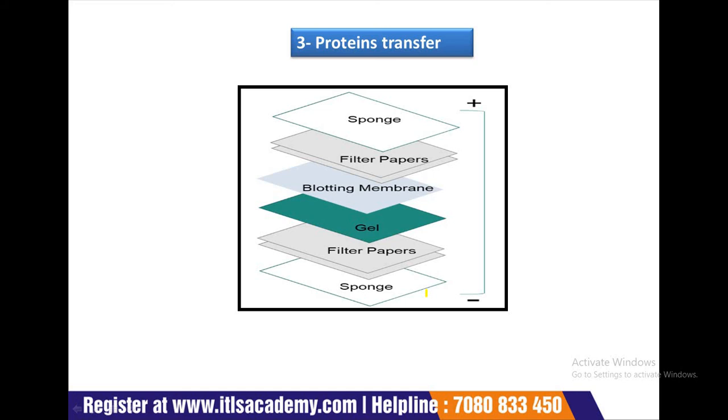The main method of transferring protein is called electroblotting, which uses an electric field oriented perpendicular to the surface of the gel to pull protein out of the gel and move it into the membrane. It can be done in semi-dry or wet conditions, while wet conditions are usually more reliable as they are less likely to dry out the gel.